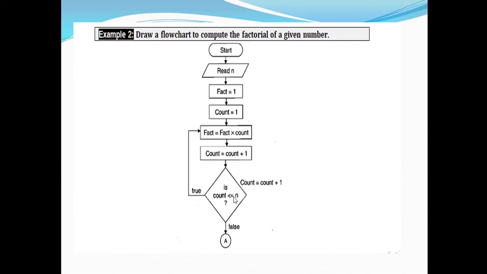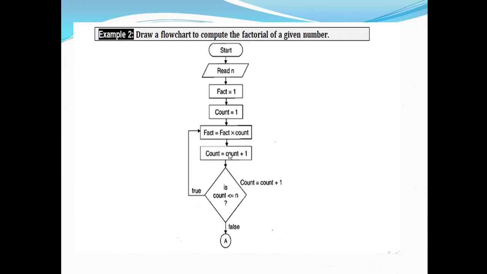If the count is less than or equal to n, until the count value reaches n, we have to continue the process.